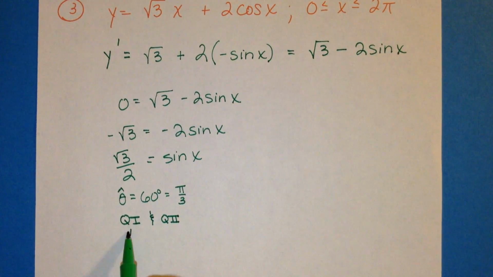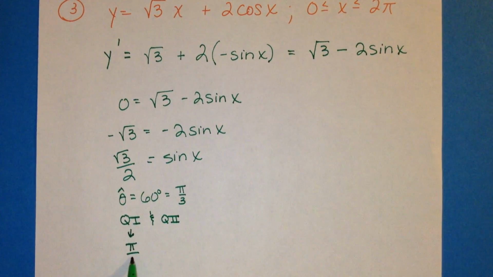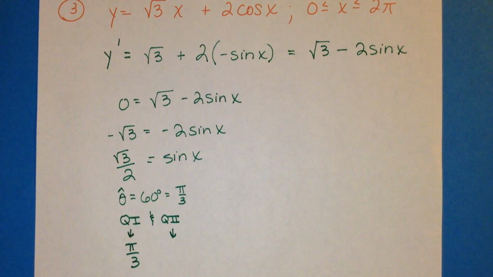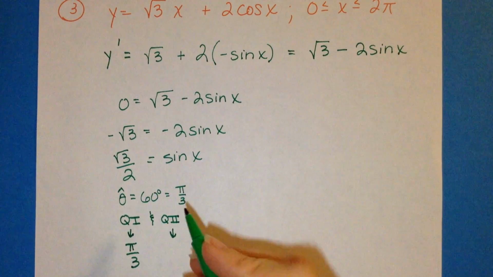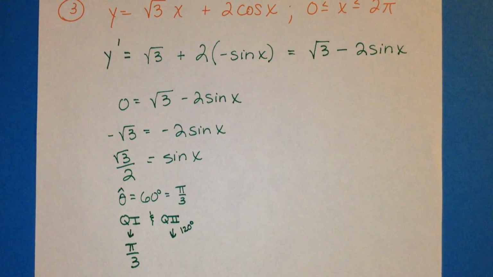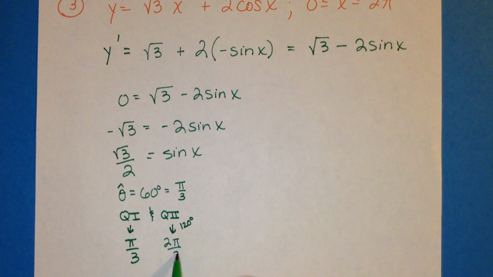So from quadrant 1, that would actually just be your reference angle, remember, so that's just pi over 3. But now the second quadrant, if you have a reference angle of 60 degrees in the second quadrant, that's actually 120 degrees, but then you would need to change 120 degrees to radians, which is going to give us 2 pi over 3. So this one is actually going to have 2 places that you have a horizontal tangent line.